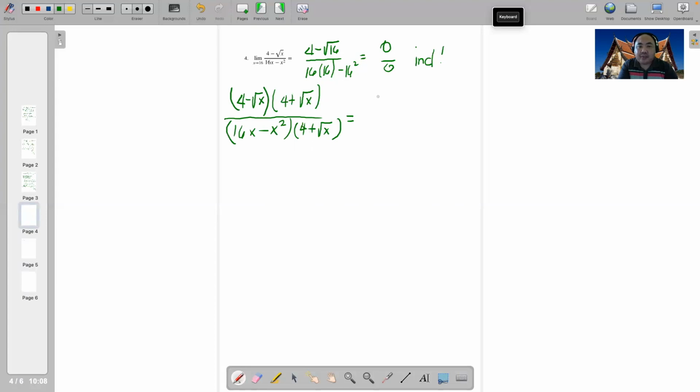That will give me 16 minus x divided by x times 16 minus x, I factored out x, and then 4 plus square root x.